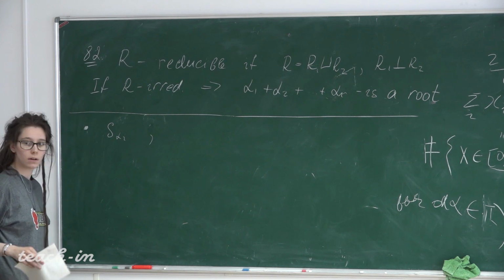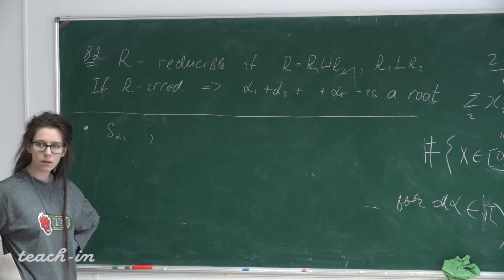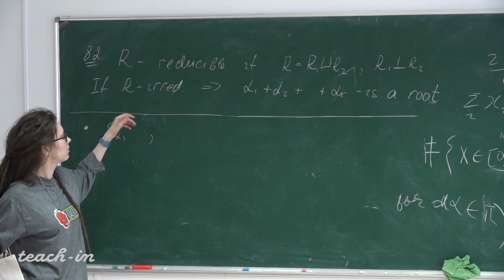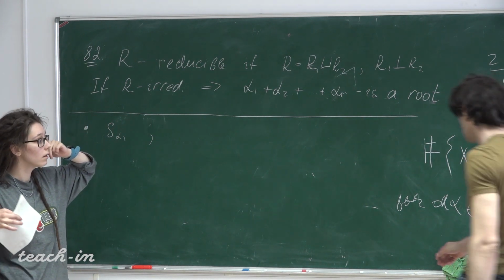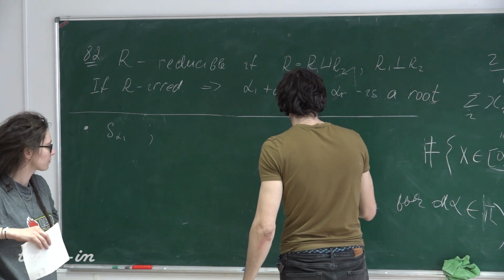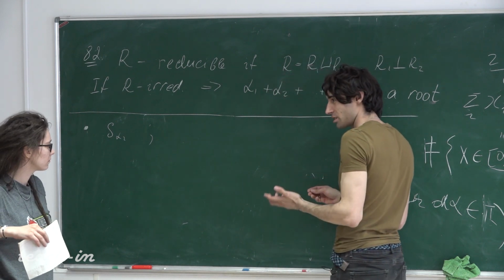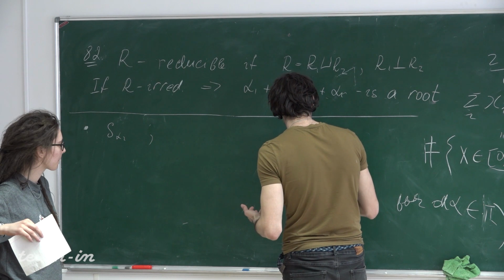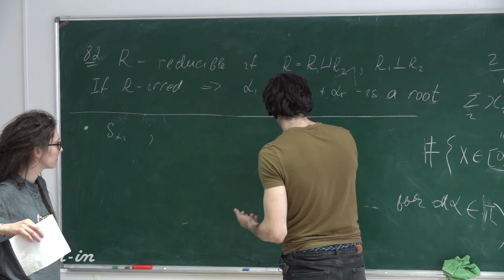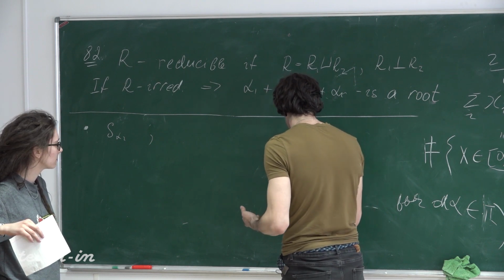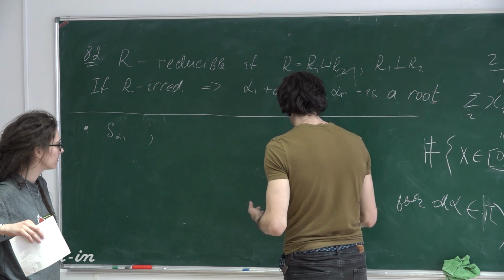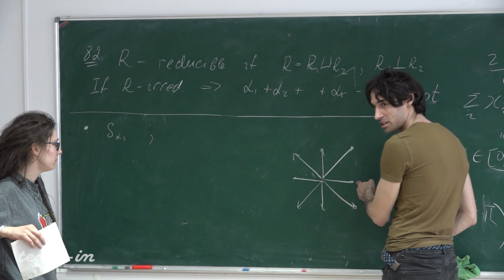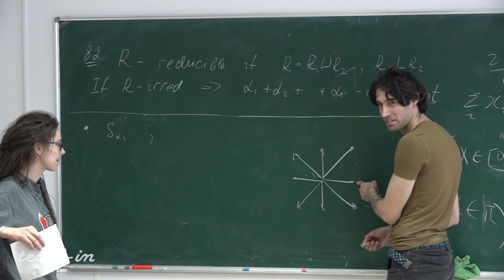If you take this reduced root system, in A2 it's correct what you're saying. But in B2 you have this. It is reduced, right? So try getting this root out of this by the action of the Weyl group.